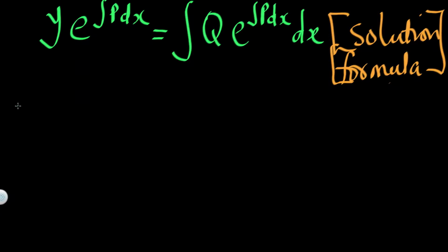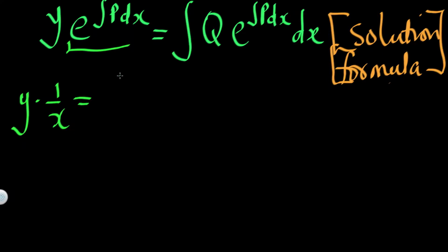So y is y. Let me write this as y. Okay. e to the power integral of p dx. I found it as 1 over x, so I'm just putting it here.